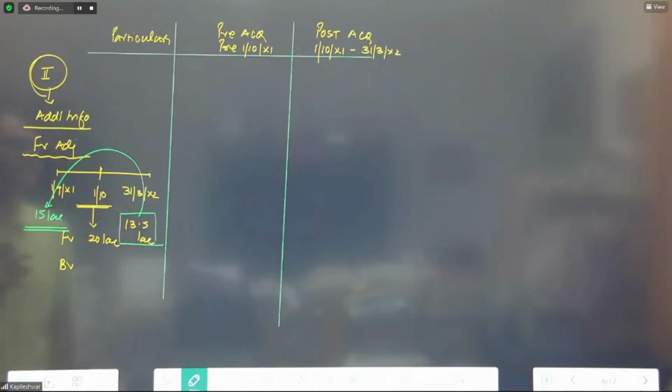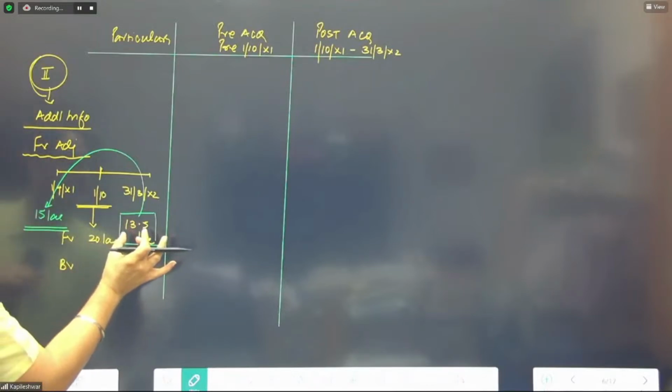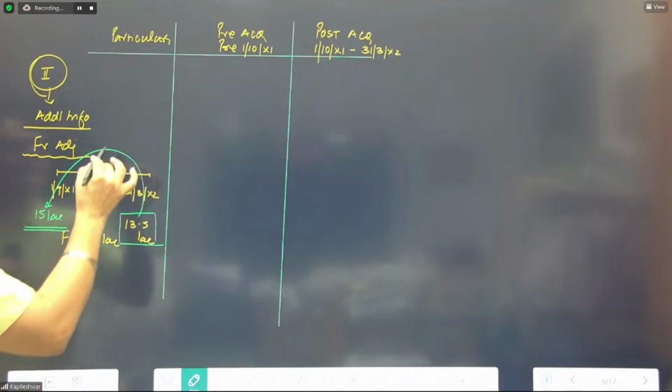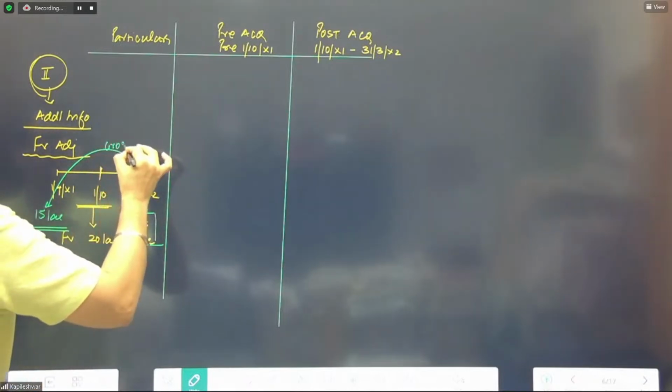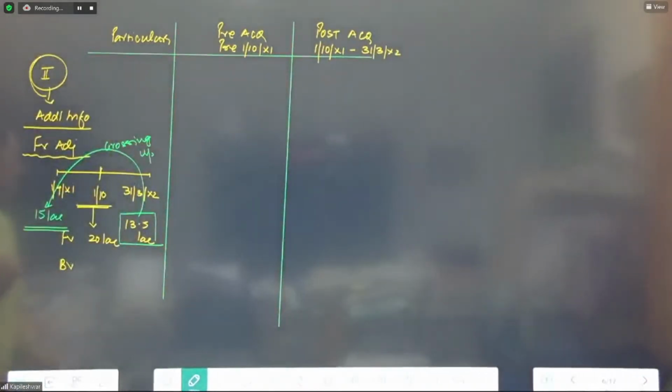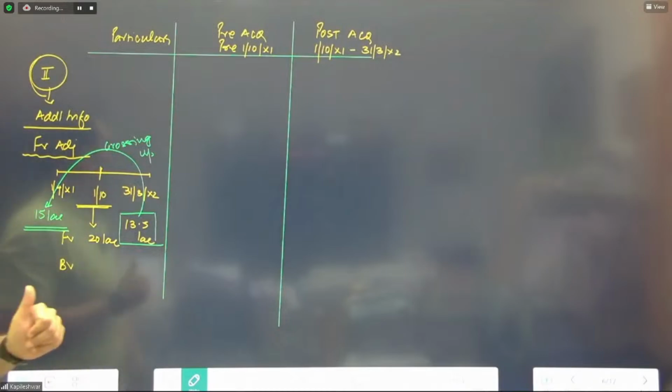That is 15 lakhs. Gross up the figures and you get the figure of 15 lakhs, which is supposed to be the book value at the beginning of the year.